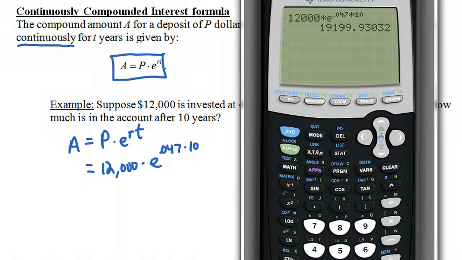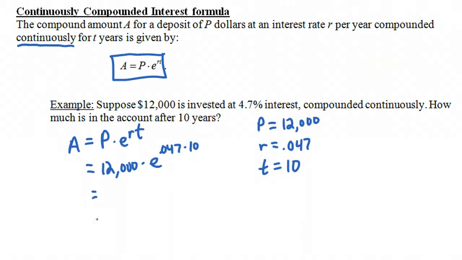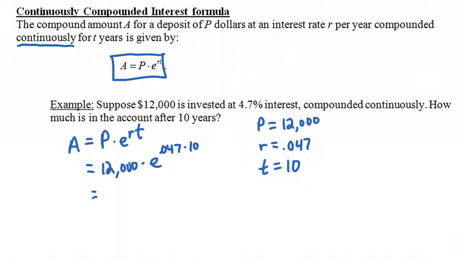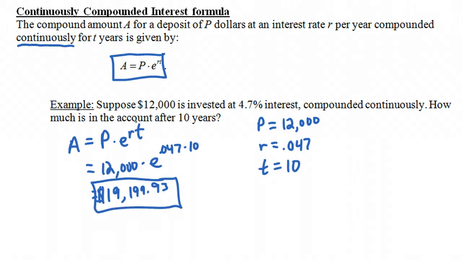We get $19,199.93. And again, always ask yourself, does that seem reasonable? If you put $12,000 in a bank account at 4.7% interest compounded continuously, after 10 years, yeah, $19,000 sounds reasonable. Your money would definitely grow over that 10 years.